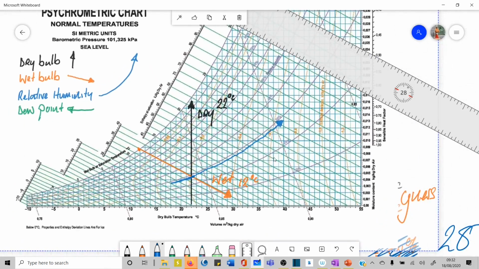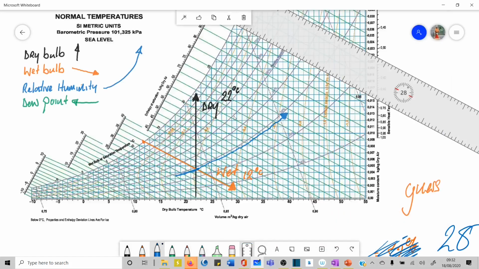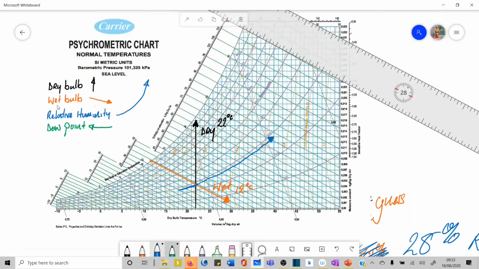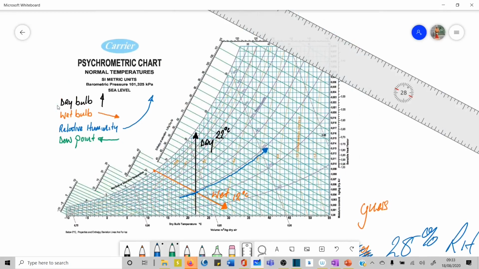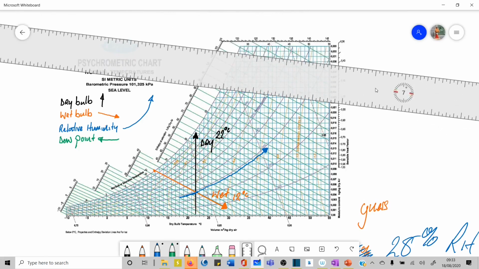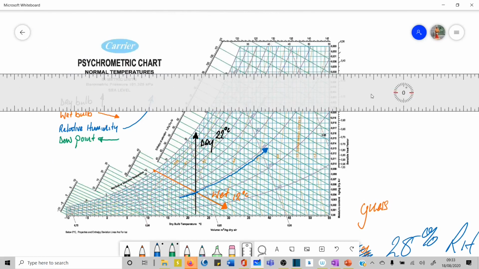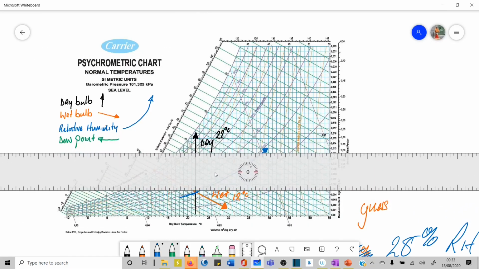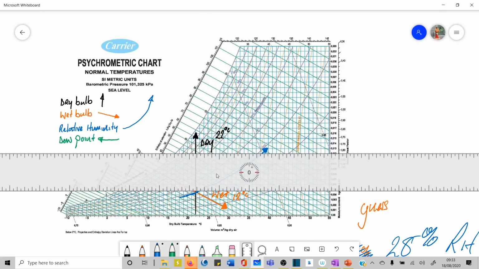Now what we need to do is find the dew point, and the dew point being in green, let's just change that to green. So the dew point goes through this crosshair here, and you can see that that is right to left on a horizontal, going through that line there. So we're going to take our ruler, bring it back to 0, and place it just there, and then we can draw our line across through here.